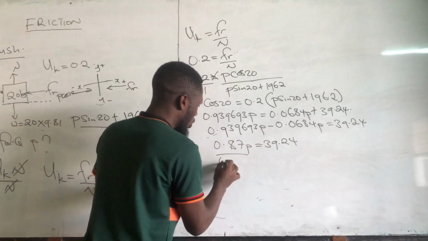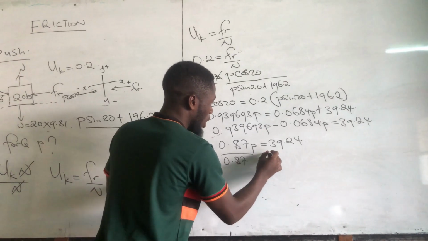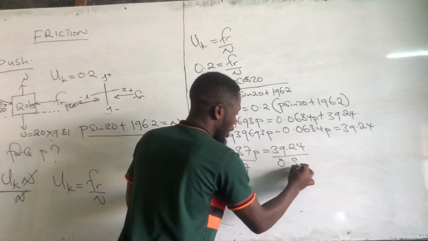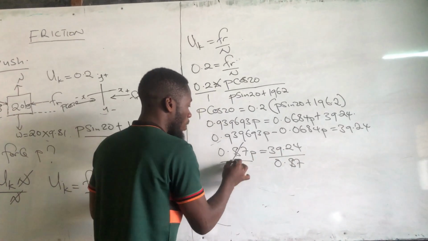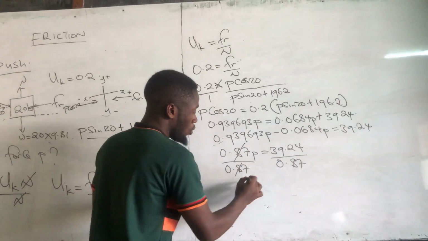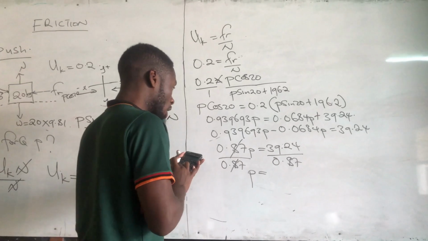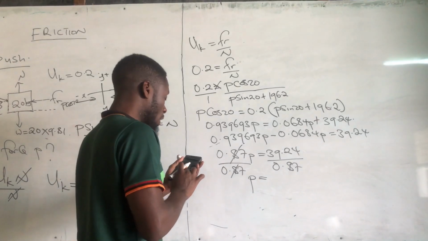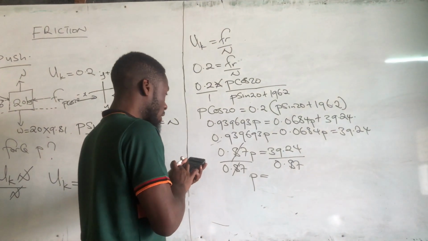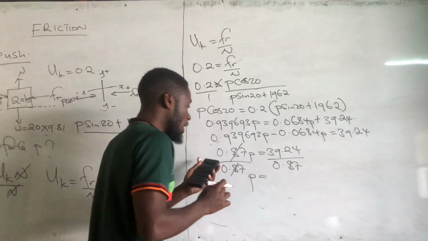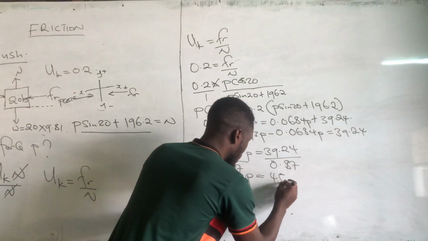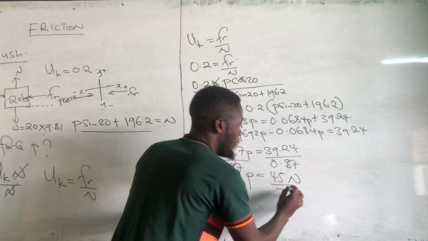Divide by 0.87 over 0.87, so you cancel this one, and P is equal to 39.24 divided by 0.87. So the answer here is 45 newtons. So we have found the force P.